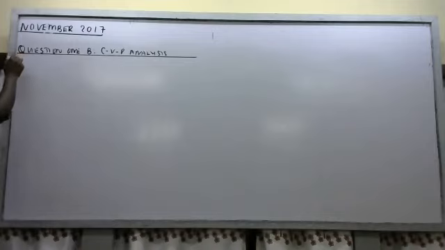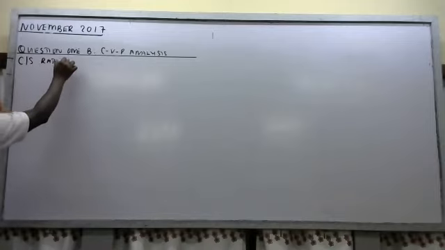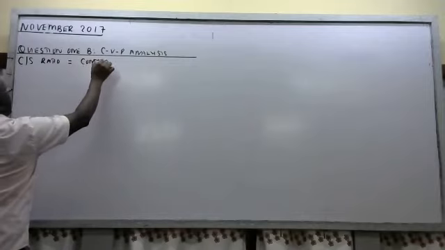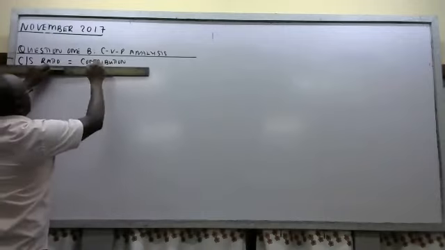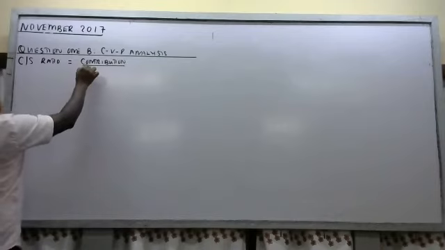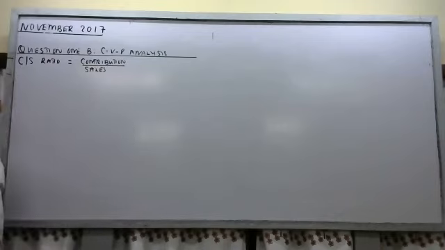So, contribution to sales ratio is given as contribution divided by sales or the revenue, multiplied by 100, or you just leave it.